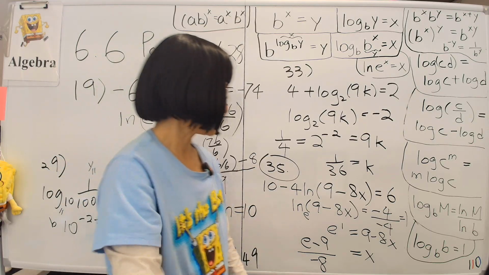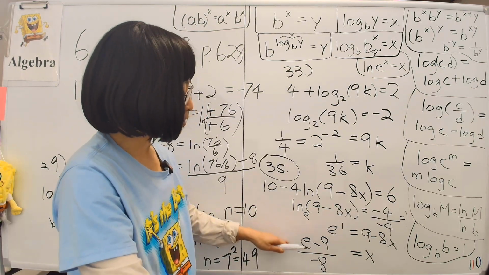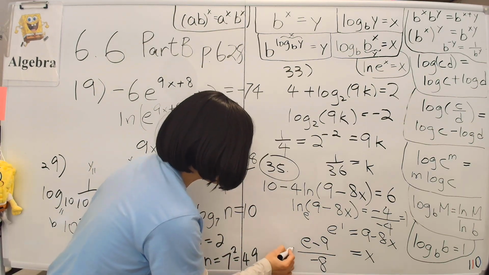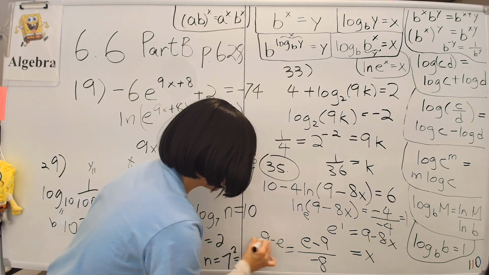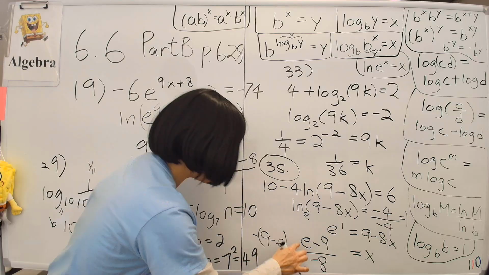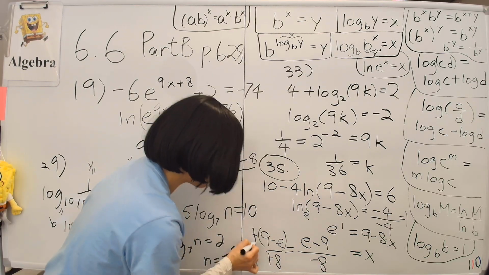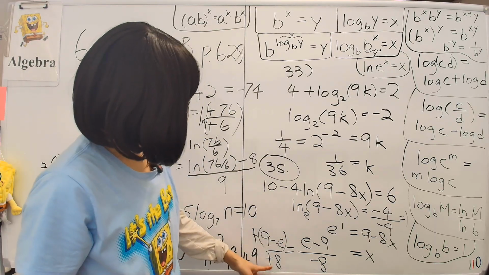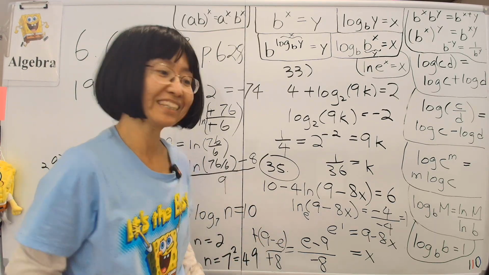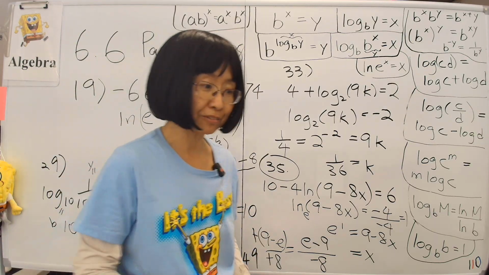That's fine too. Either one is acceptable. Although most people will probably switch the 9, flip this around, it becomes 9 minus e. It's a negative 9 minus e on top here, divided by minus 8, and then they cancel out. That way you don't have a negative sign there, because people don't like negative signs. The positive signs look much more positive and nicer. But otherwise, it's the same answer. Either one is acceptable.